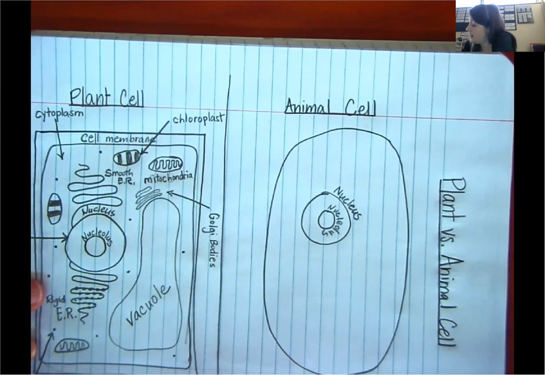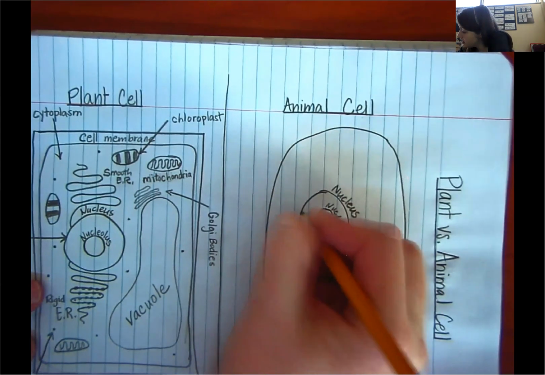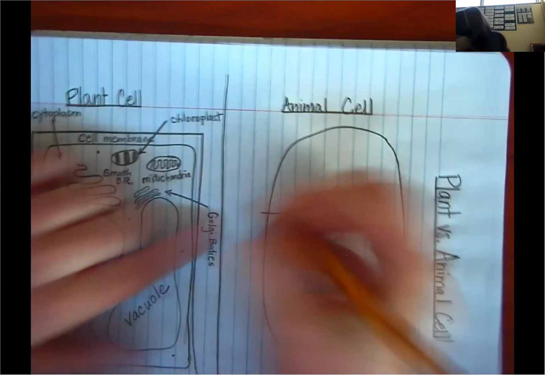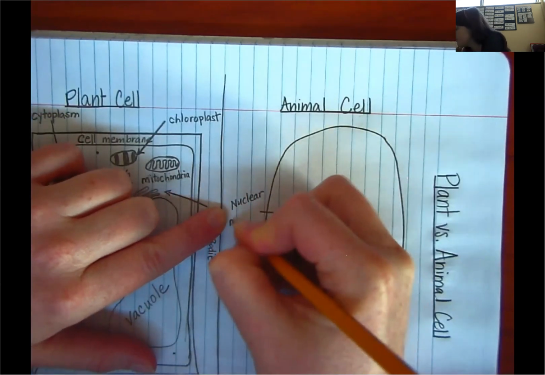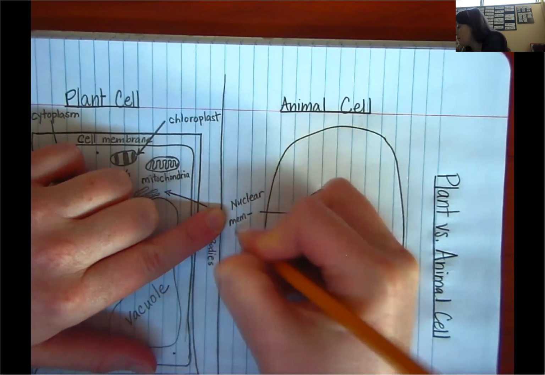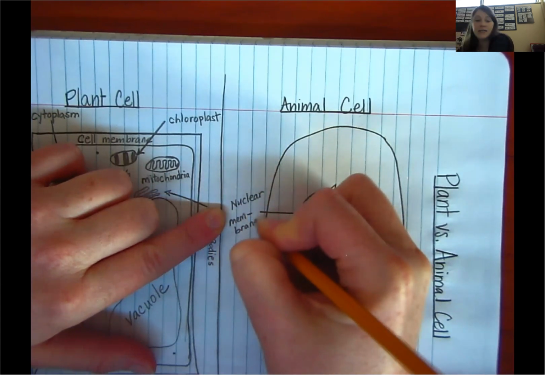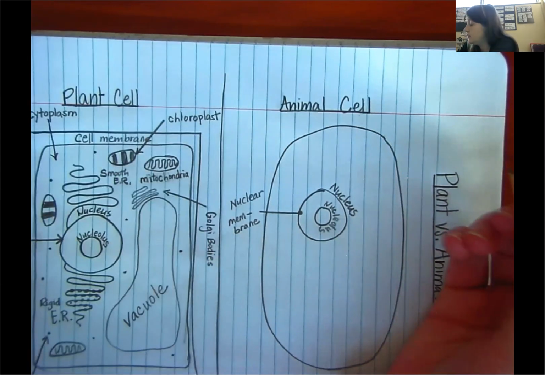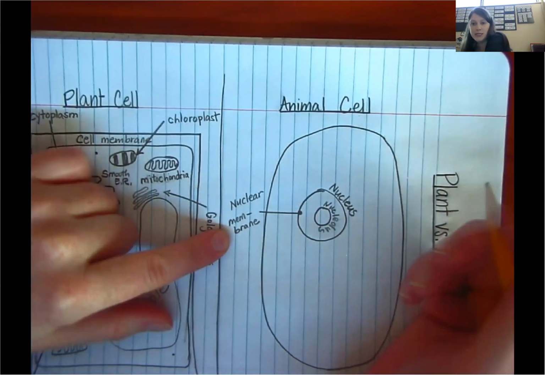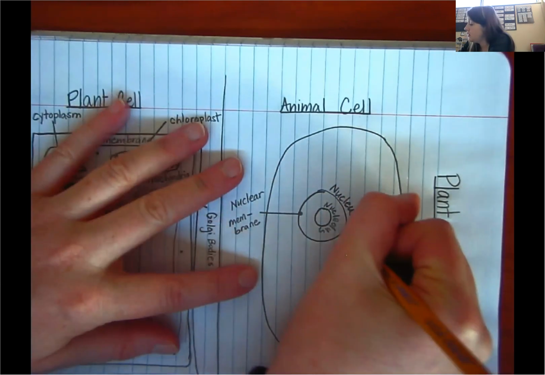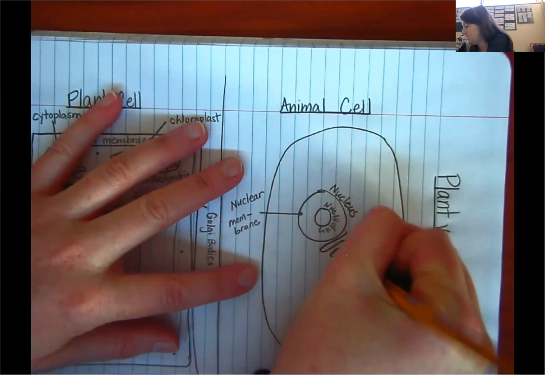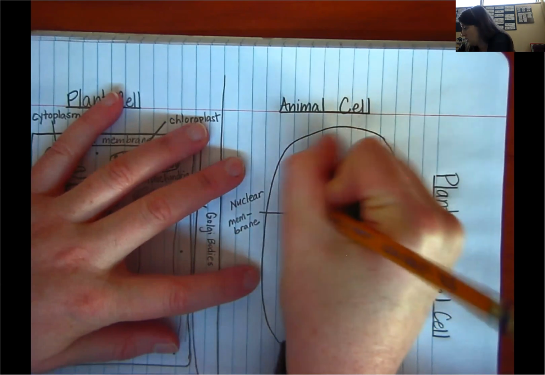All right, and then obviously this outer part is called the nuclear membrane. And it's not spelled brain like brain in your head, unfortunately. That'd be too easy. We have the endoplasmic reticulum again. I may not make it as big this time for space.